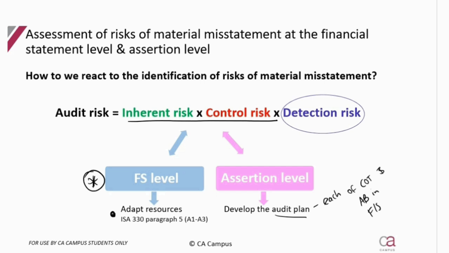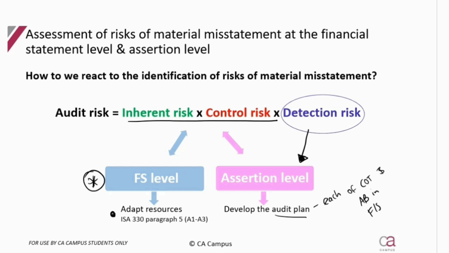And guys, that is now where detection risk comes in. We need to respond to those risks in detail. We develop our plan. So let's start with responding at the financial statement level.